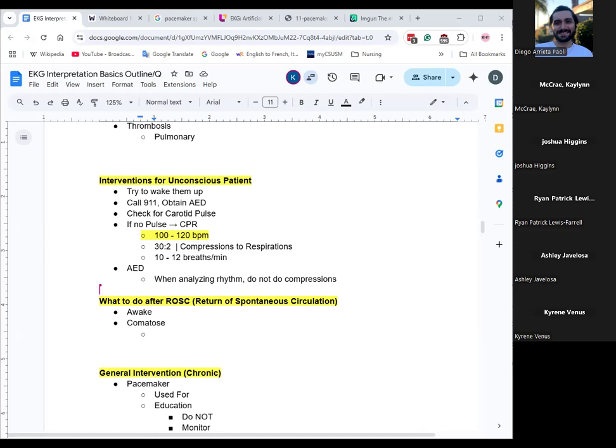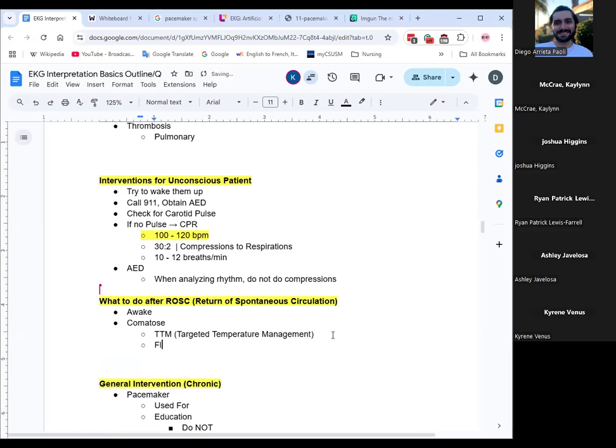I love it. Yeah, targeted temperature management, so that's TTM. Oxygen. I like it. TTM kind of just, why does that work?